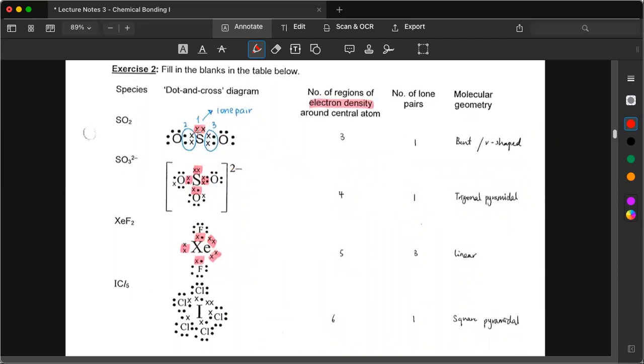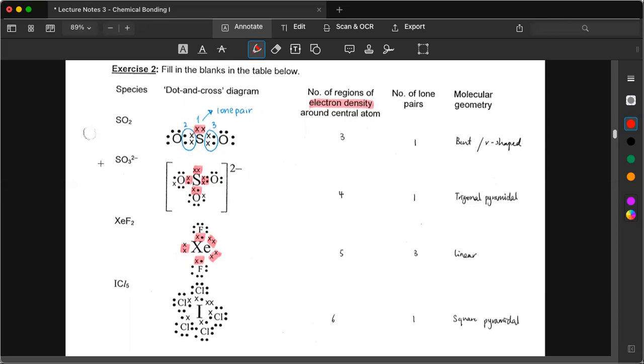So there is a lone pair on the sulfur atom. So there is a total of 3 electron density and 1 lone pair. So this molecular geometry is bent, or we can call it V shape. Because there is lone pair-bond pair repulsion, it will look a bit distorted, a bit bent.